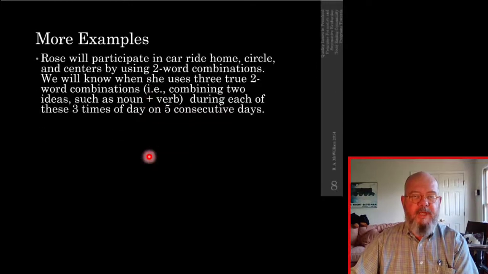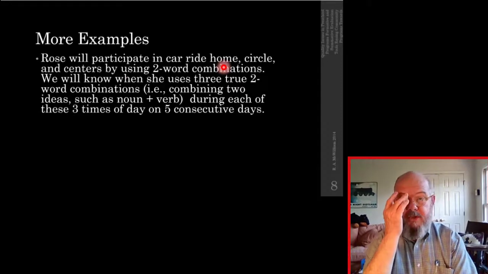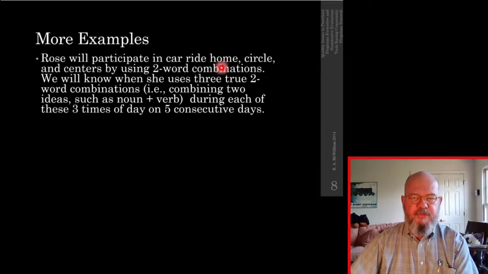Some more examples. Rose will participate in car ride home, circle time, and centers time by using 2-word combinations. So the problem was that she is not yet using 2-word combinations. And this came up when discussing her car ride home, circle time, and centers time. We will know she uses 3 true 2-word combinations during each of these 3 times of day.